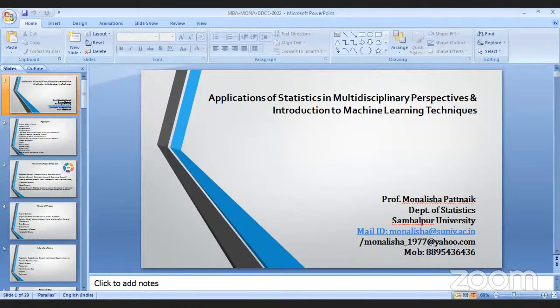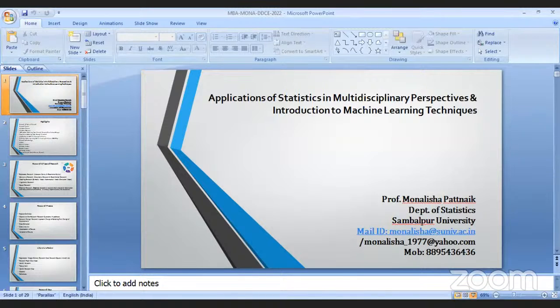I'll make you understand how to go for research related to mathematical modeling, time series modeling, then how to apply the advanced technology, that is machine learning techniques, and how to apply these machine learning techniques in COVID-19, means one case analysis. I'll just give you the idea.